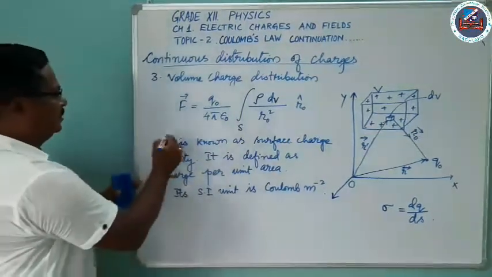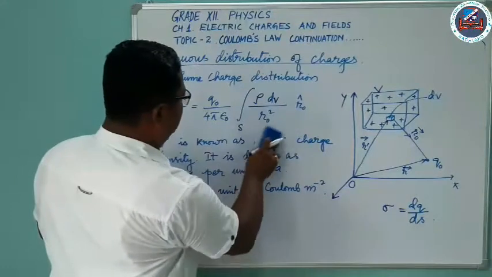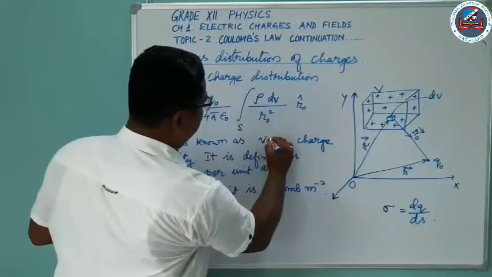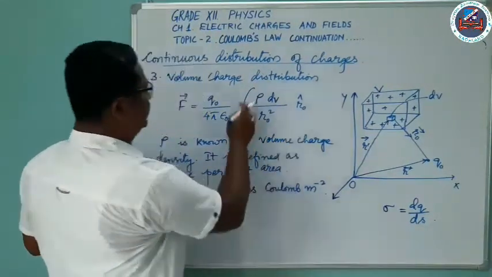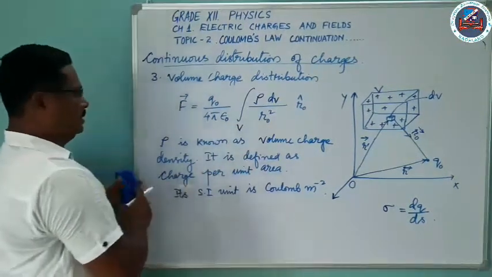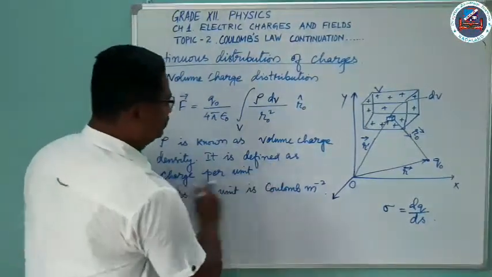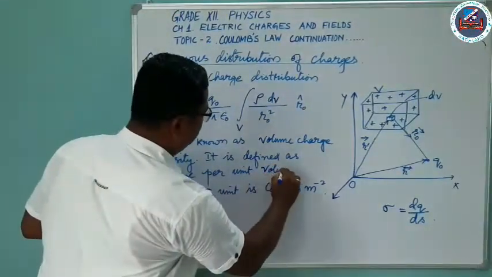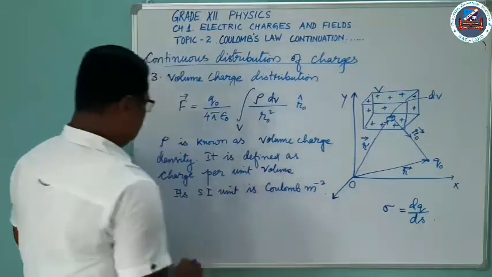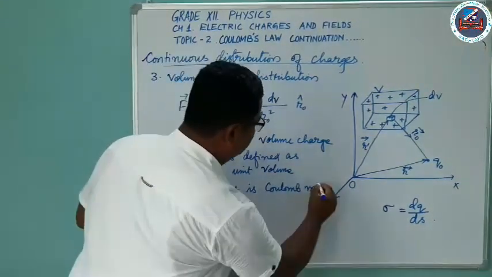In this case, rho is known as volume charge density, and the integration will be over the whole volume of the solid. It is defined as charge per unit volume, and its SI unit is Coulomb per meter cube.